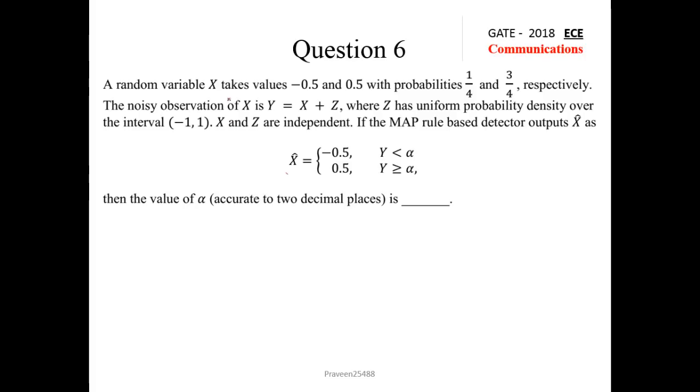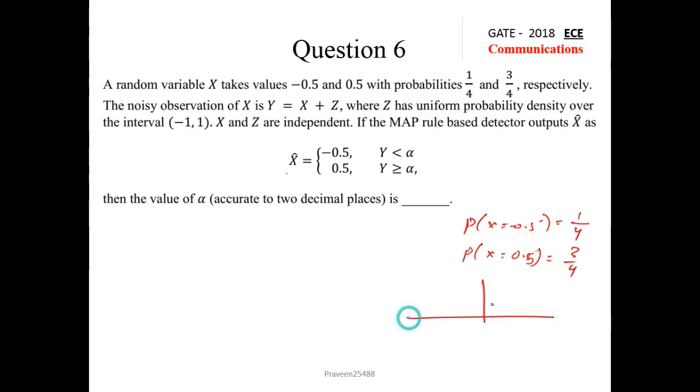So here it is given that the probability for x equal to minus 0.5 is 1 by 4, and the probability when x is equal to 0.5 is 3 by 4. Another thing given is that z has the uniform probability density.